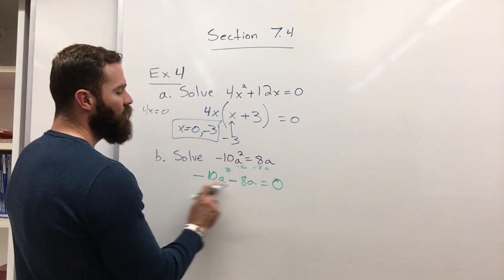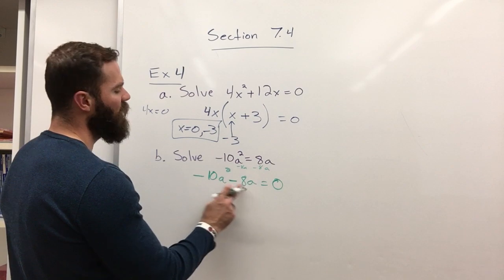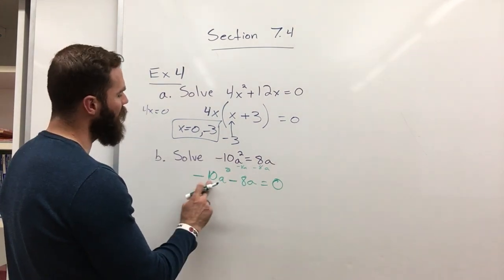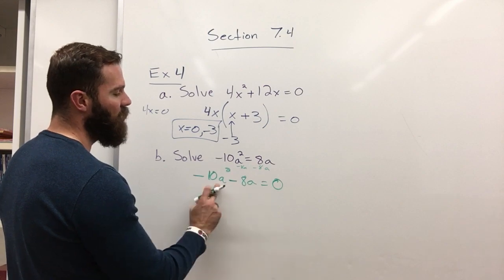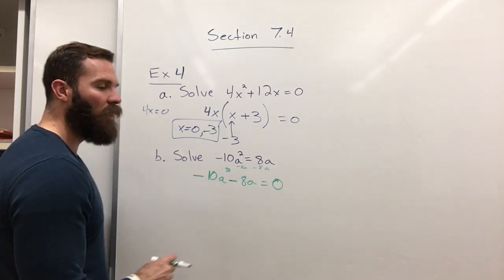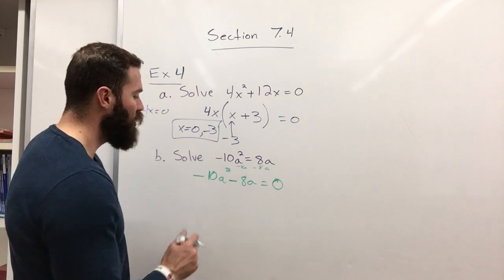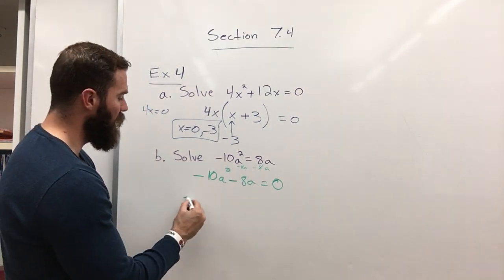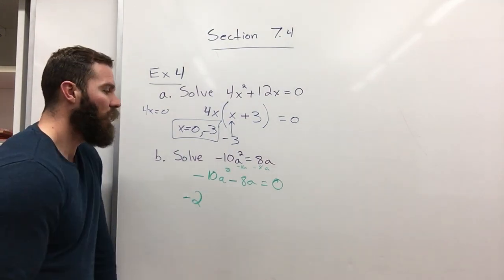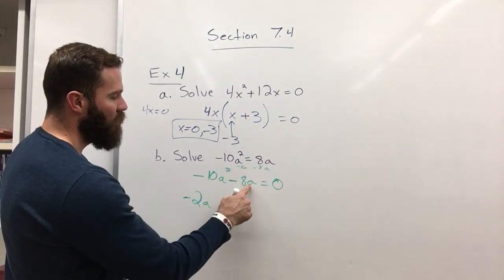1 goes into those, 2 goes into both of them, 3 does not, 4 does not, 5 does not, 6 does not, 7, 8, no. The only number that would go into both of those is 2. A negative 2, because these are both negative. And then a, because there's only the 1 right there.